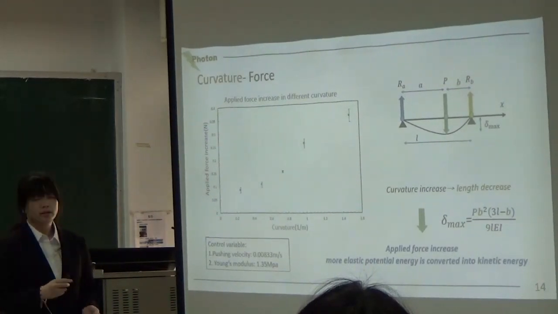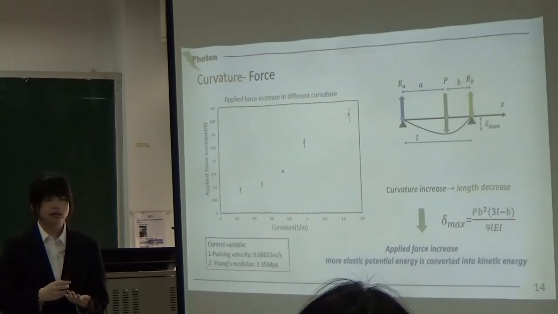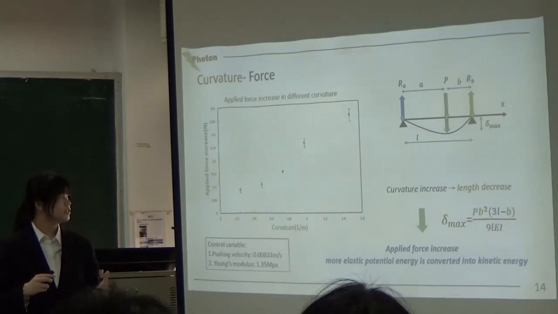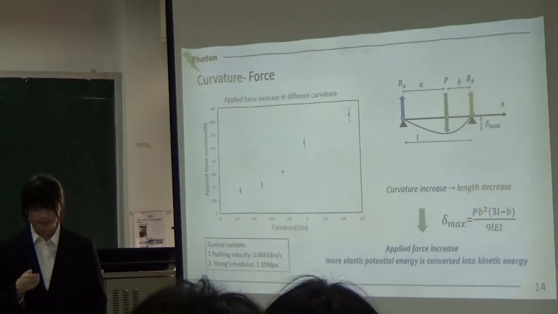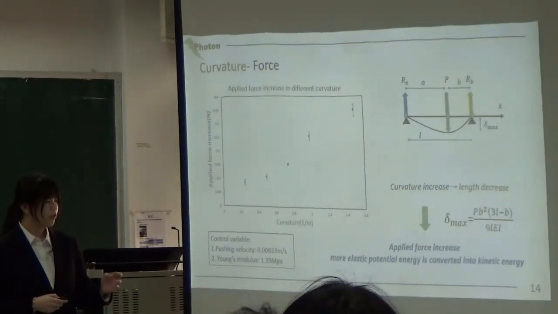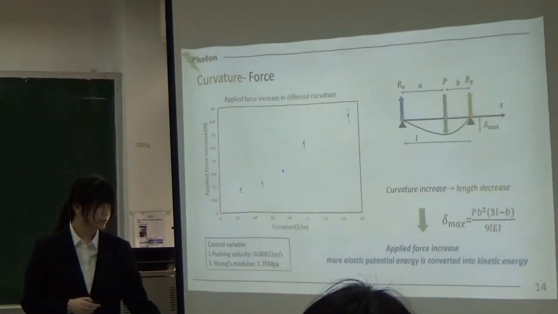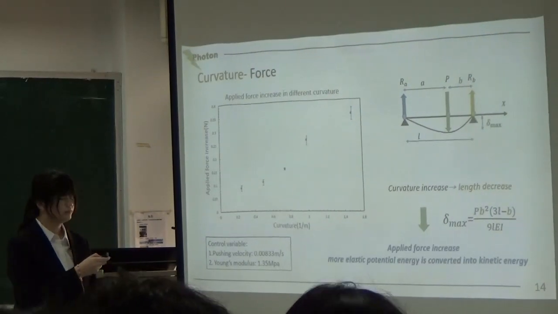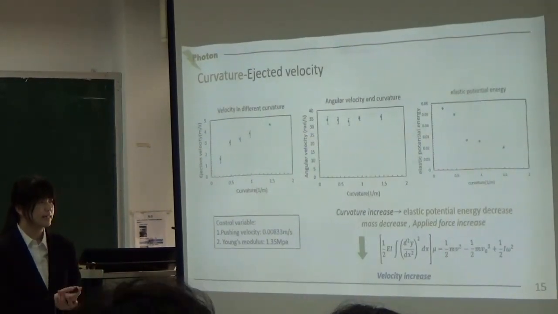Because when the curvature increases, the noodles need more force to change direction, so the applied force will increase. And so more elastic potential energy is converted into kinetic energy. So we can see this chart.